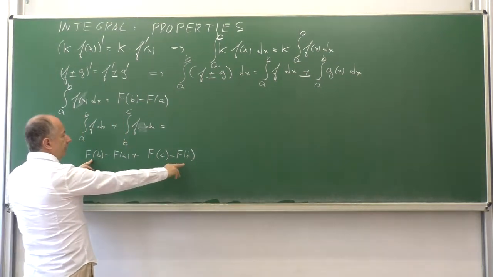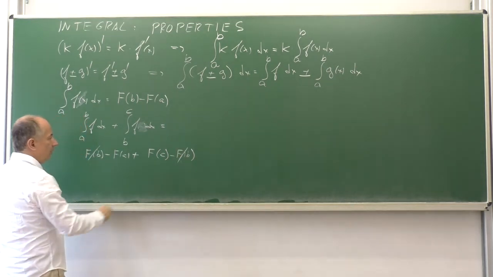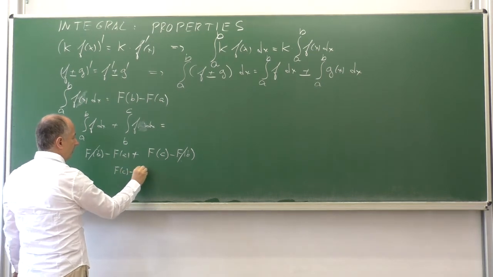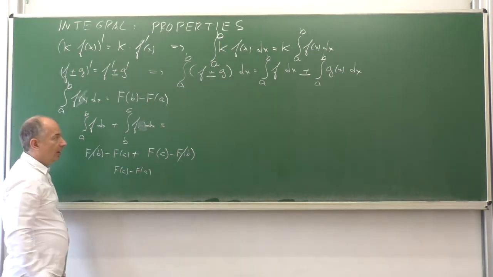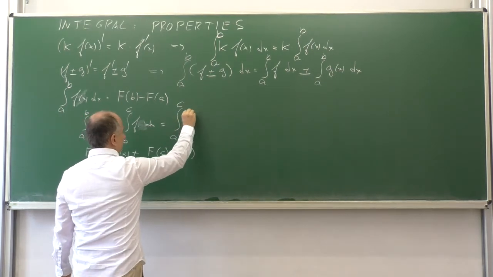But you see the very first and the very last term cancel each other, and we have F(c) minus F(a). But this is just a definite integral from a to c.